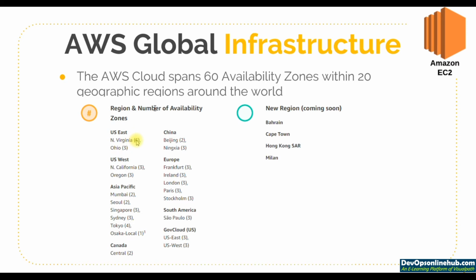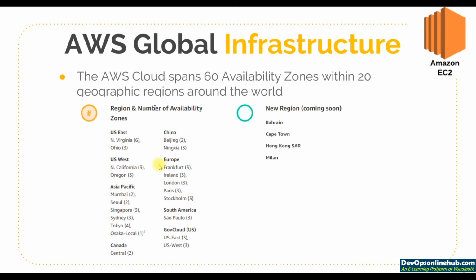Every region will consist of multiple zones. These zones will be the physical data centers or clusters of data centers, which can be used for high availability and spreading your infrastructure across multiple data centers. You can use the zones concept, which we'll see.